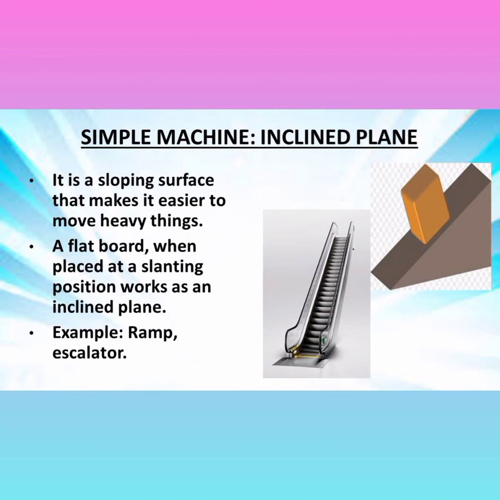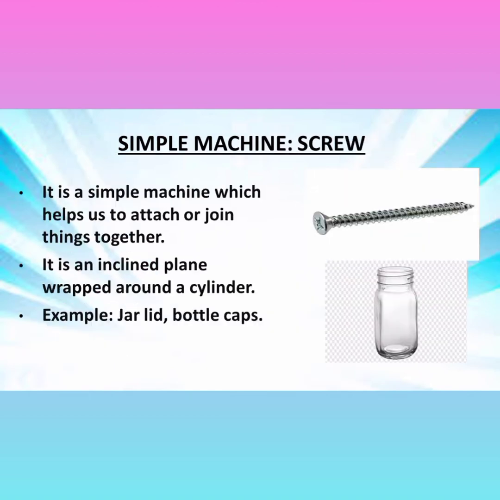We find inclined planes in the form of ramps at hospitals or railway stations. And you must have used slides when you were small. We find escalators at malls. They are all examples of inclined plane.